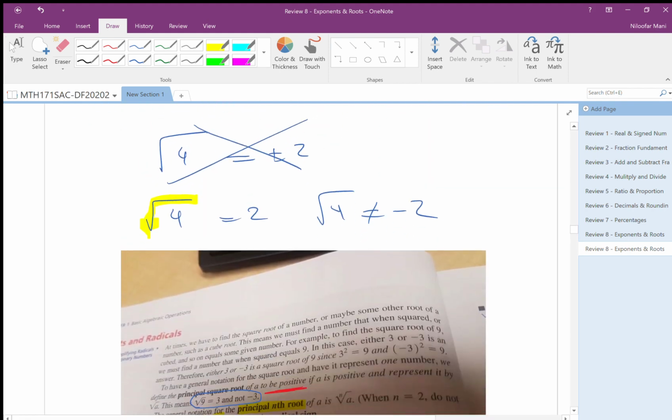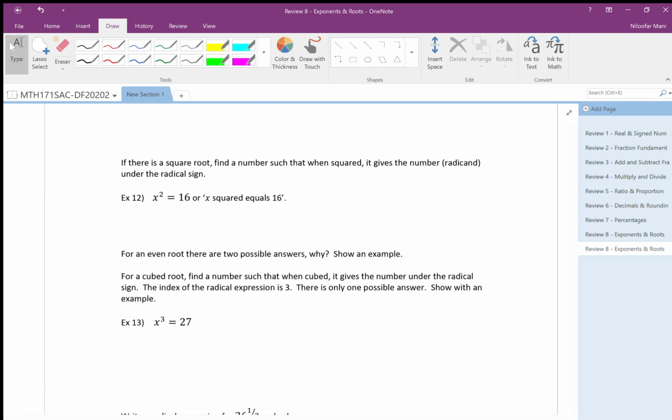Okay? So now, if there is a square root, and I ask you, so what is the answer? So you have to find the number that if you square, you go to that answer. So what do I mean here?